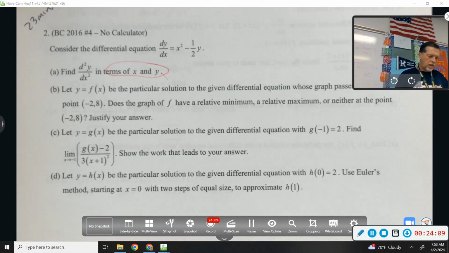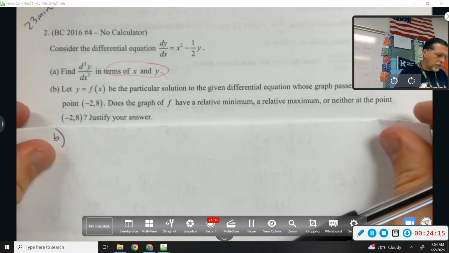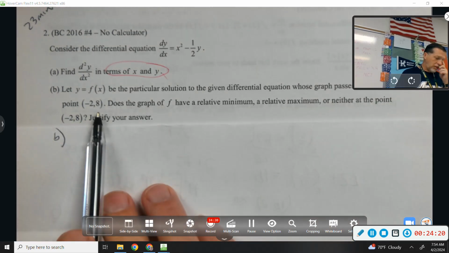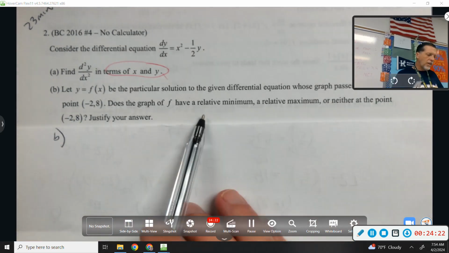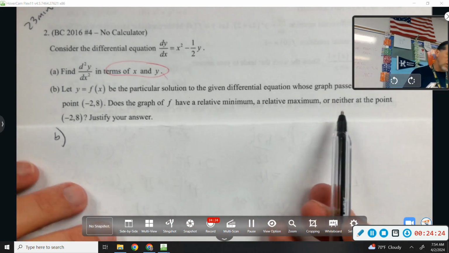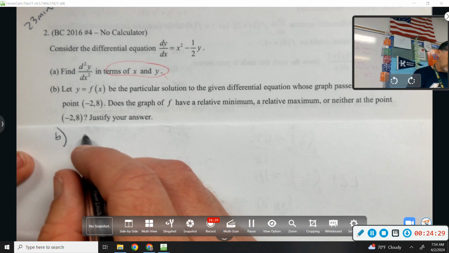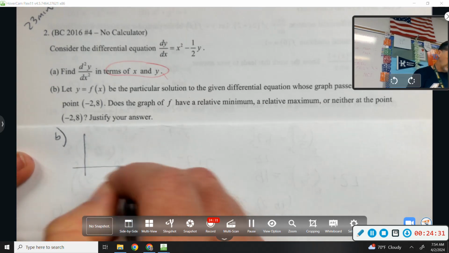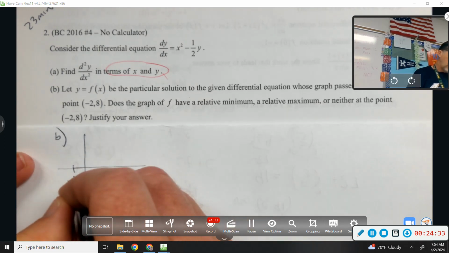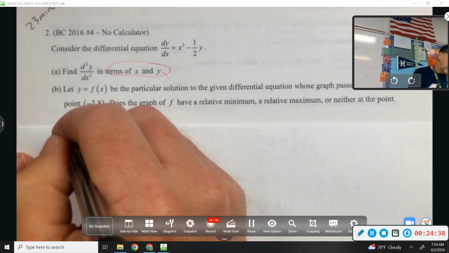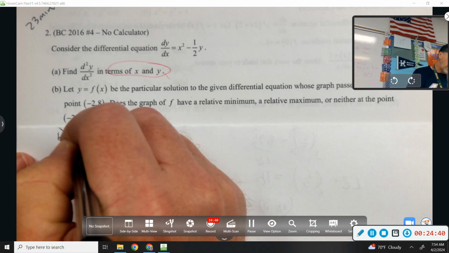Part B. Let y equals f of x be the particular solution. So I'm not going to find it, but there is some particular solution whose graph passes through the point negative 2, 8. Does the graph have a relative min, a relative max, or neither at the point negative 2, 8? Justify your answer. Okay, so negative 2, 8 is right there, and I'm wondering if it's a relative min or max or neither.